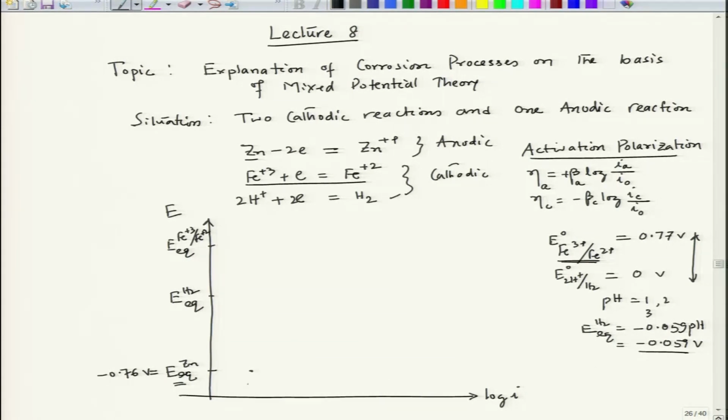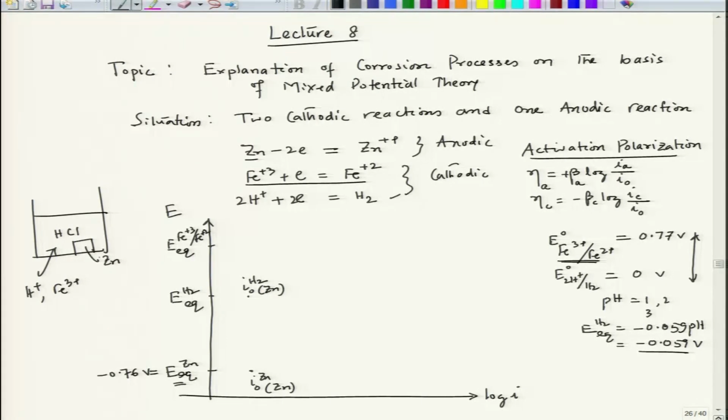Let us say this is the point of I0 of zinc on zinc, and this is the I0 of hydrogen on zinc, because we have a solution of deaerated HCl. So, there we have H plus as well as Fe3 plus ions, and now we have the zinc block.